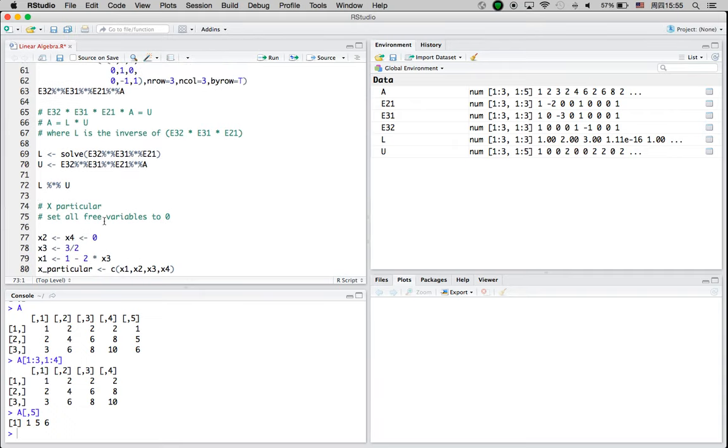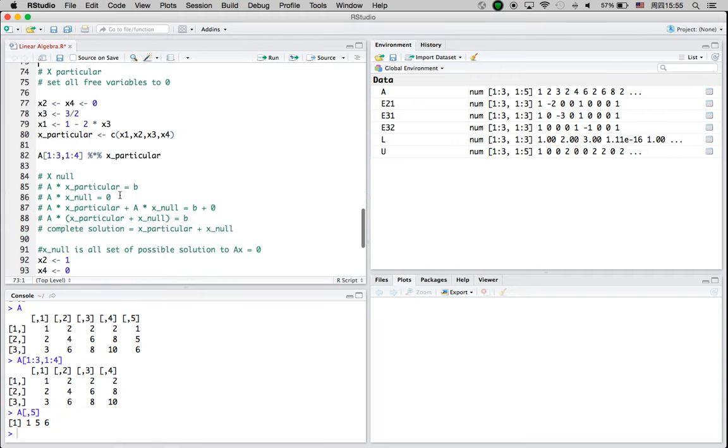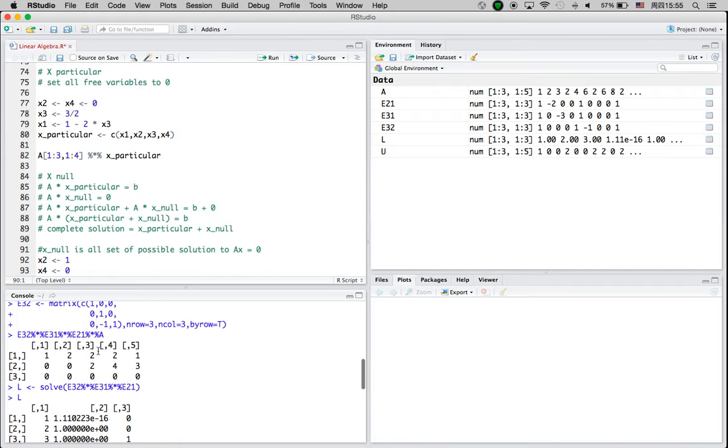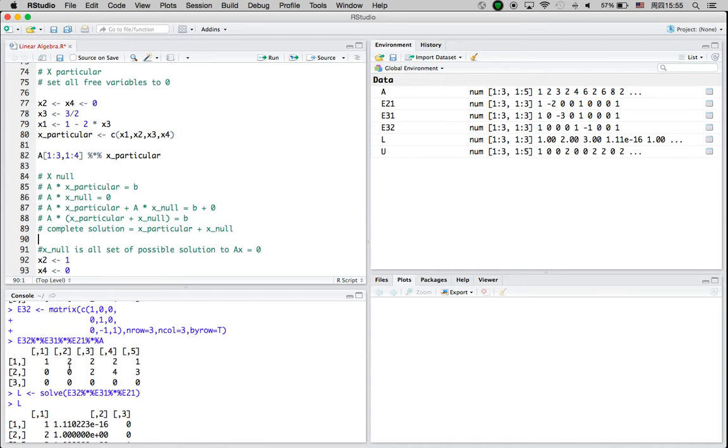So now let's take a look at the particular solution of this linear system. The calculation is that we set all the free variables to 0. By looking at this matrix after the Gaussian elimination, we notice that the first and the third columns are the pivot columns, and the second and the fourth columns have the free variables.